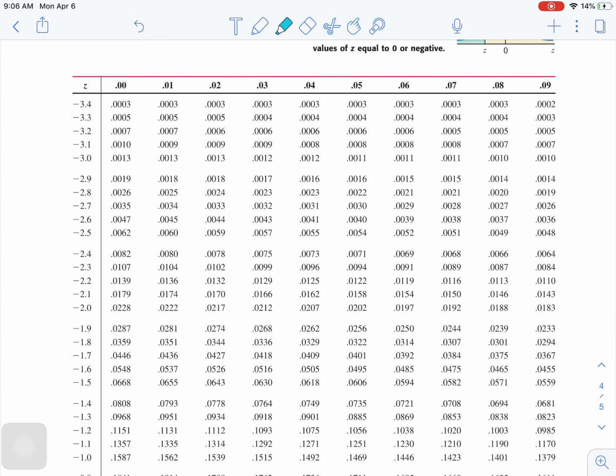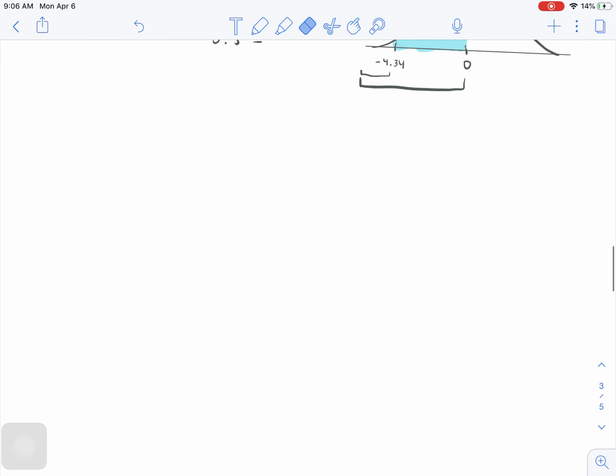Well, notice as I get more and more negative, the areas get smaller and smaller. In fact, the areas get closer and closer to 0.0000, aka just 0. So I can approximate the area to the left of any z-value smaller than negative 3.4 with 0.